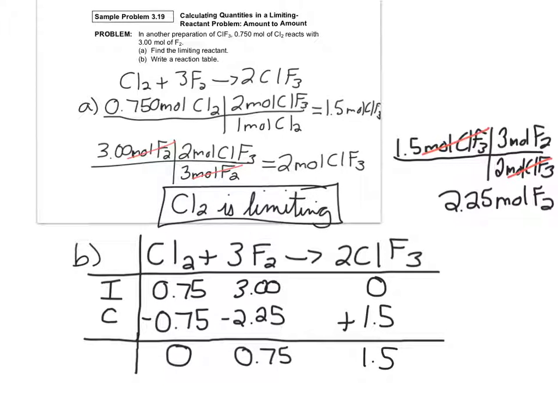And so that is my reaction table. And I call this final. So the I stands for initial, C is change, F is final. And there's my reaction table. It's made up of the balanced equation, initial concentrations, the change in those concentrations after the reaction takes place, and then the final tally, right? We add everything up, and that's what goes on the bottom.